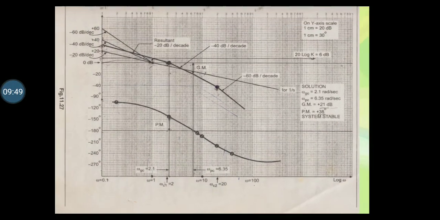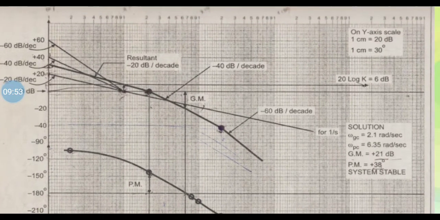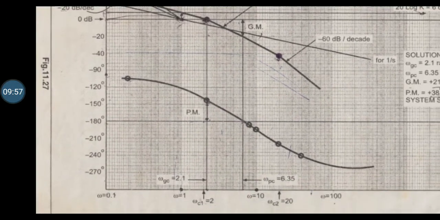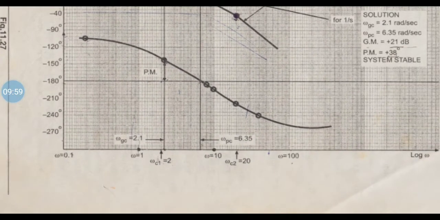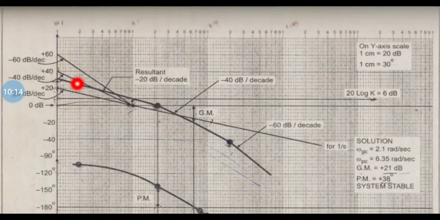Now this is the Bode plot. So this is the intersection point. You can see omega 0.1, this is 1 as it is a semi-log decade. So this is 10, this is 100, this is log scale. Then the angles are 0.